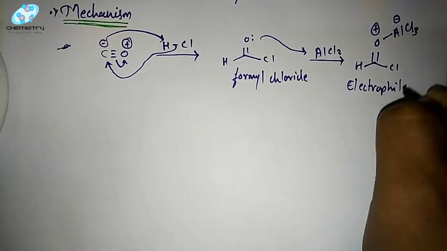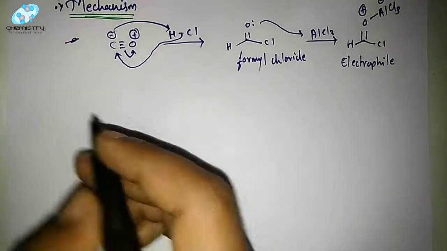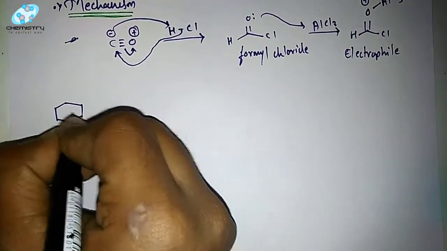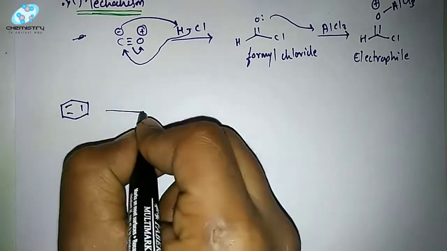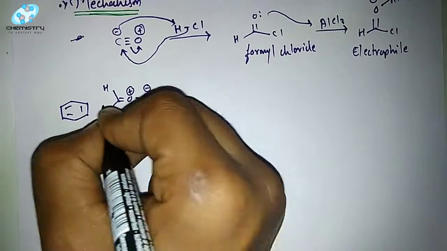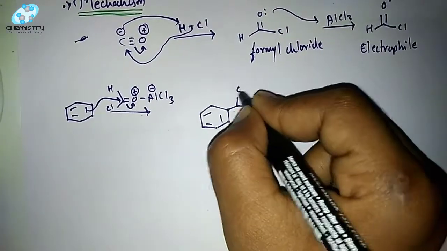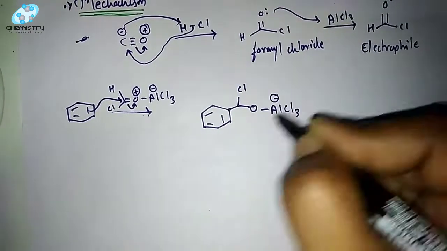So here we have the electrophile of the reaction. We have benzene, which is itself a nucleophile. Benzene is electron rich, and this electrophile in this reaction is capable of accepting the electrons from the benzene ring.